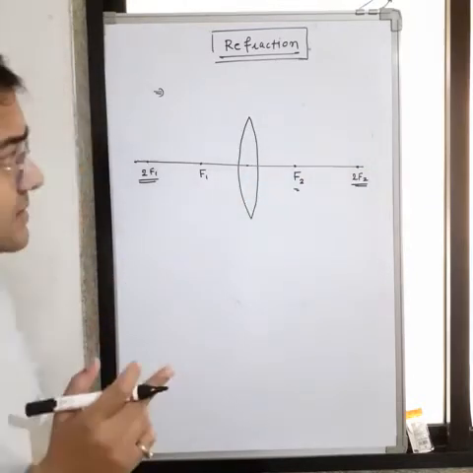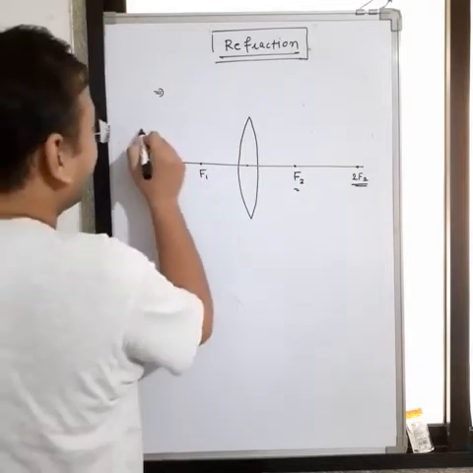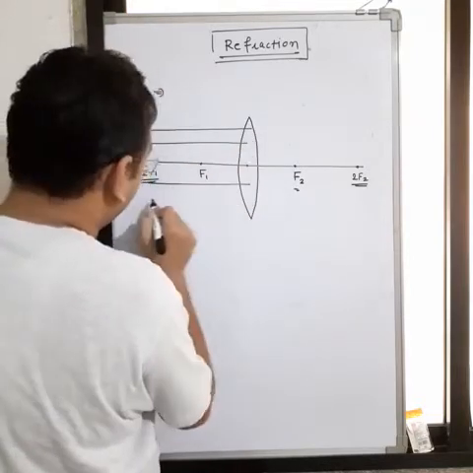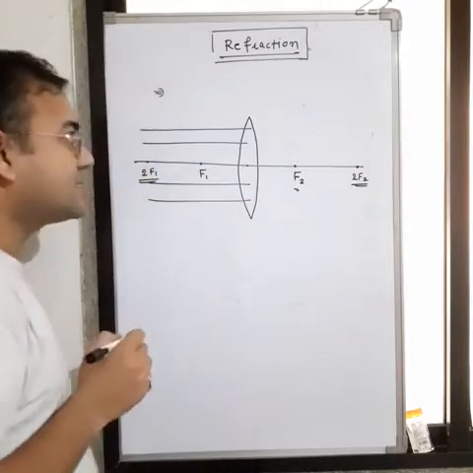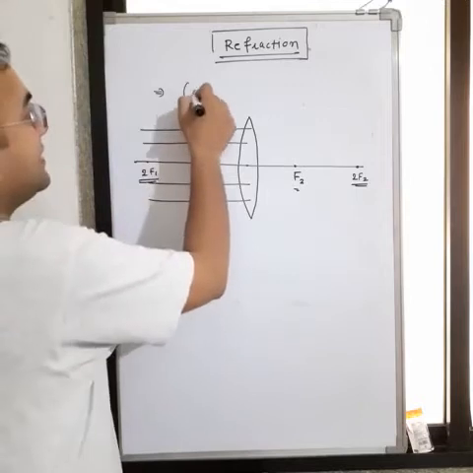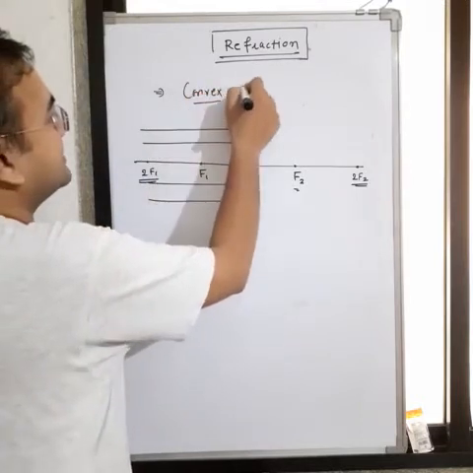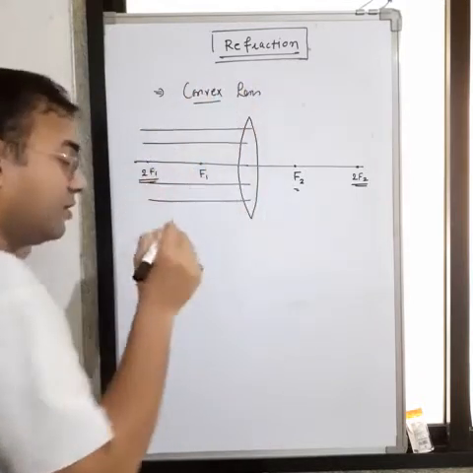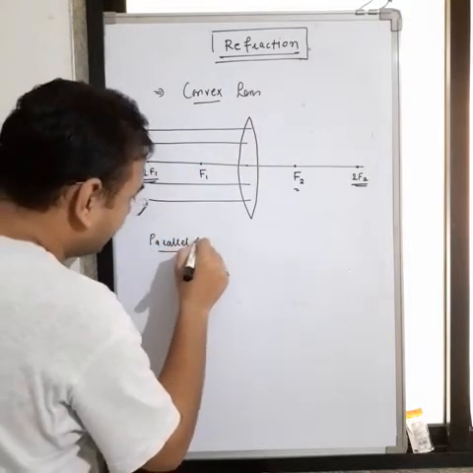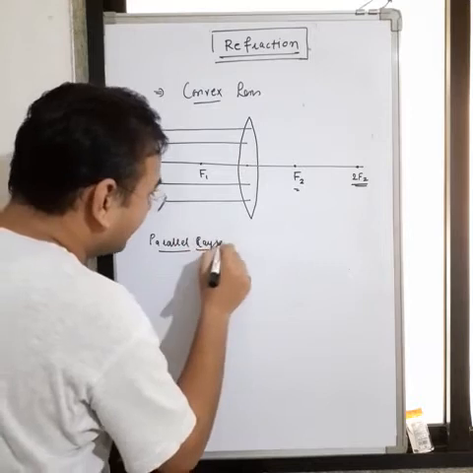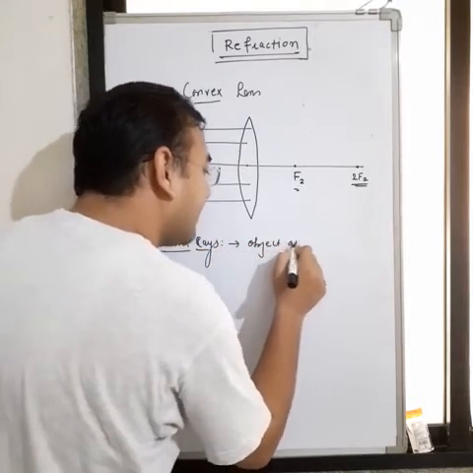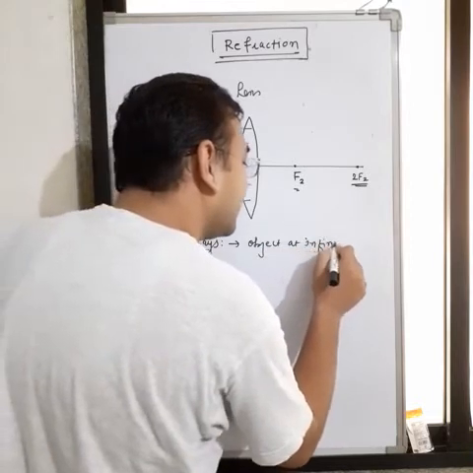Got it? Suppose parallel rays are incident like this, in case of a convex lens. Already we discussed that parallel rays indicate an object at infinity.